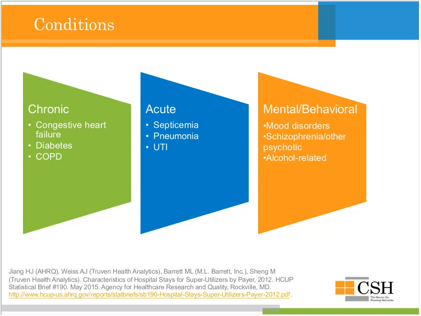As you see here, the most common chronic conditions of this group are congestive heart failure, diabetes, and chronic pulmonary disease. On the acute side, you see septicemia, pneumonia, and UTIs, urinary tract infections, all common disorders among homeless individuals.